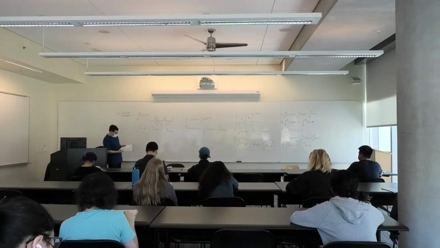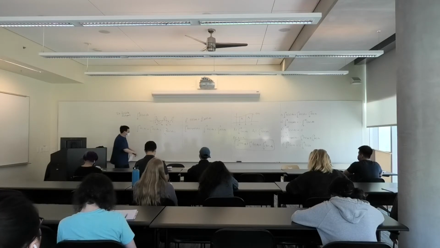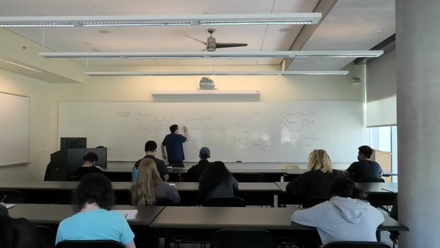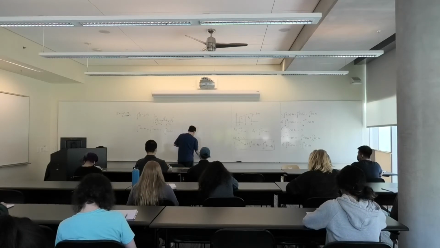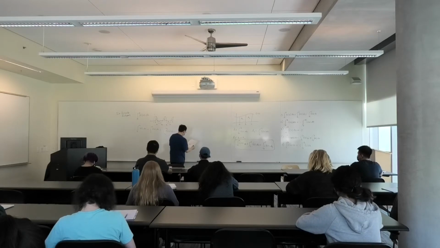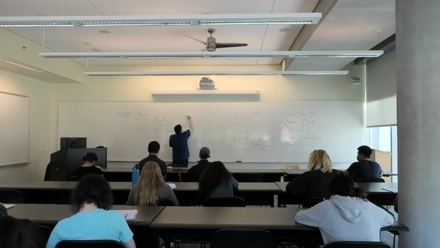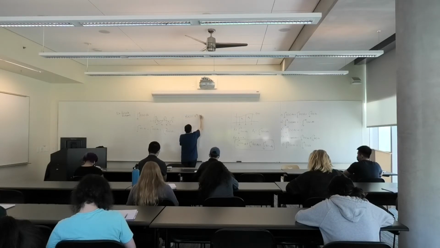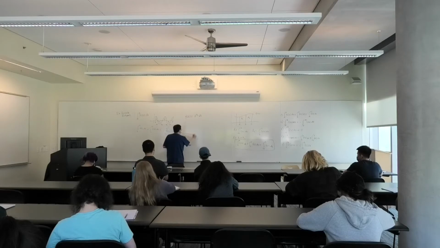So why don't we do that problem I started with? I wrote this f of x equals x cubed minus 6x, which is going to look something like this.